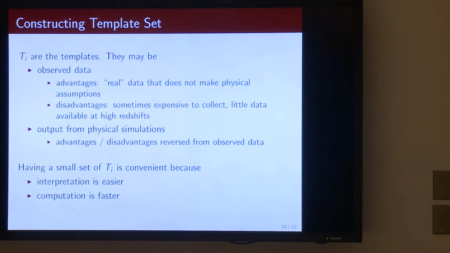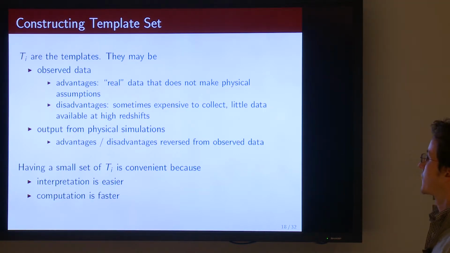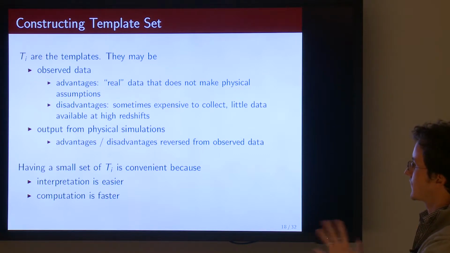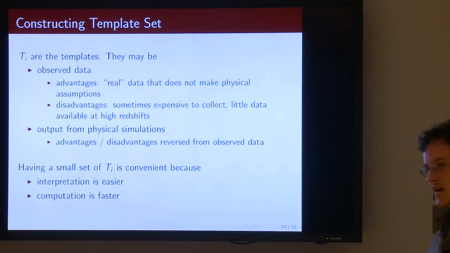So we can have these templates, these T_i templates. They can be observed data, or they can be output from simulations, and there are disadvantages and advantages to both of those approaches. It's nice to have a reasonably small set of T_i. One reason is that there's easier interpretation of what these T_i mean astronomically.